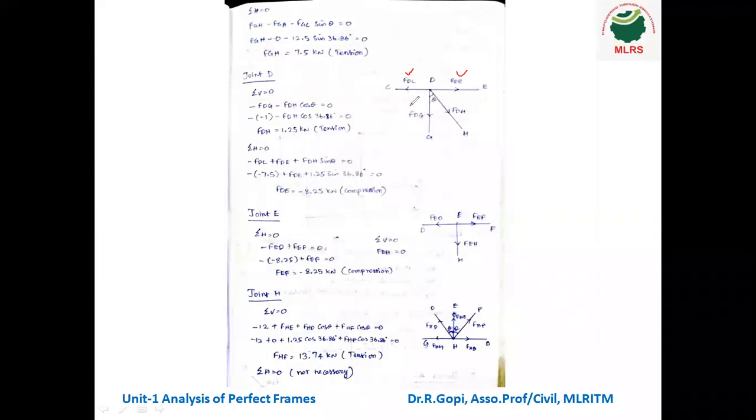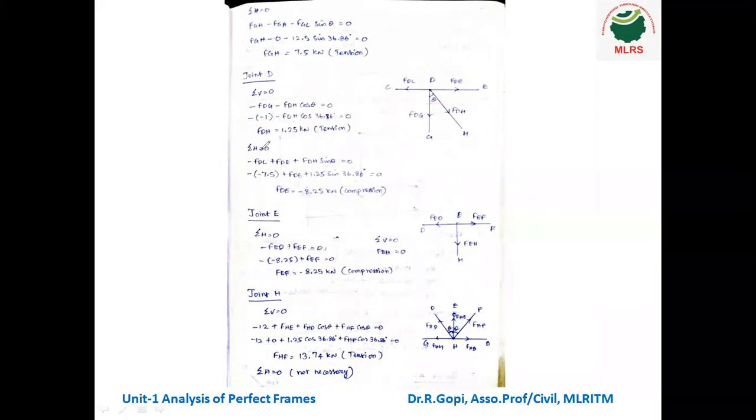Only FDG and FDH come in case of summation of vertical. So minus FDH and minus FDG. So the theta value same, 36.86 degrees. So now calculate from this, FDG we already found, and the only unknown value is FDH. So FDH is equal to 1.5 kilonewton.